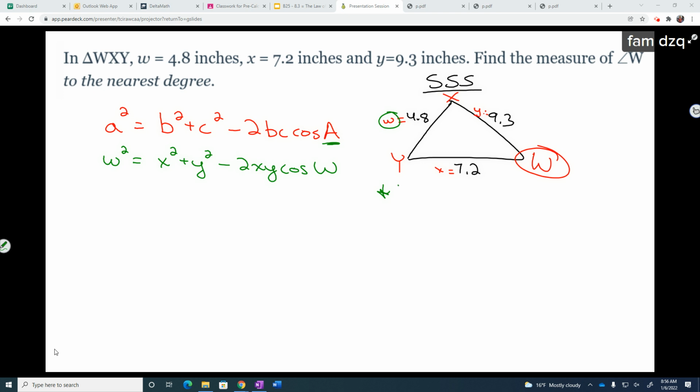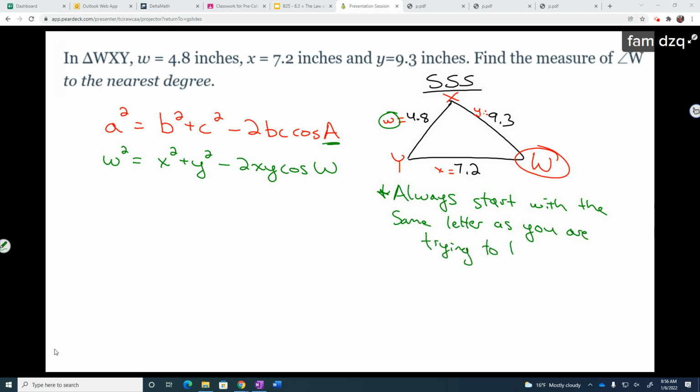So note, always start with the same letter as you're trying to find. So we're trying to find big W, so we're going to start with the same letter, little w.